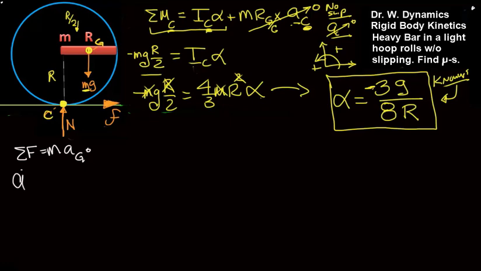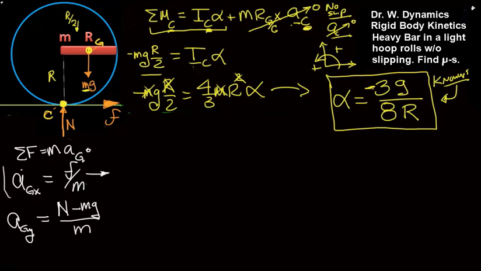So in the x direction, we have a_Gx will equal, and there's only one force, just F. So we get F over m, and it's in that direction. And a_Gy will be, and we're calling up positive, so we'll have N minus mg divided by m. So here's our two equations of motion from Newton's second law.